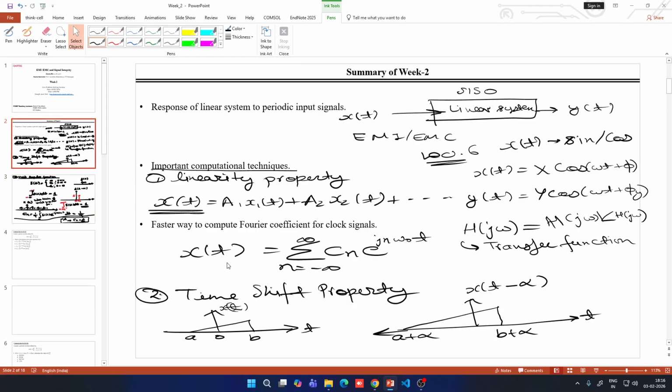And in lectures 8 and 9, the professor discussed a faster way to compute the Fourier coefficients for clock signals.